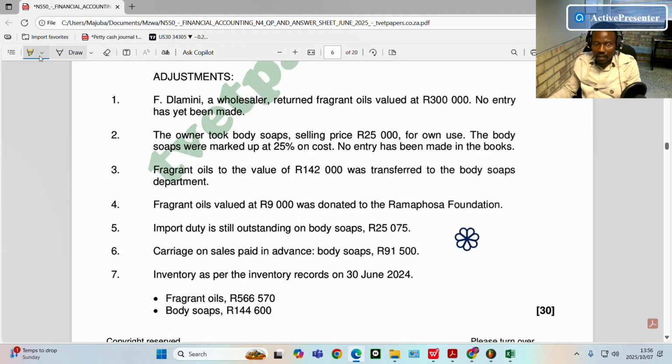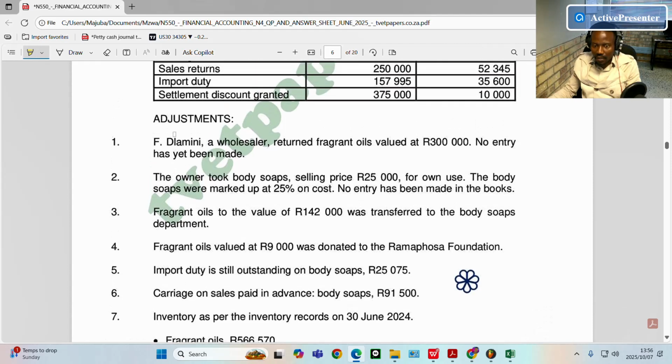Let me just highlight everything that has been done already. So we've dealt with this adjustment.